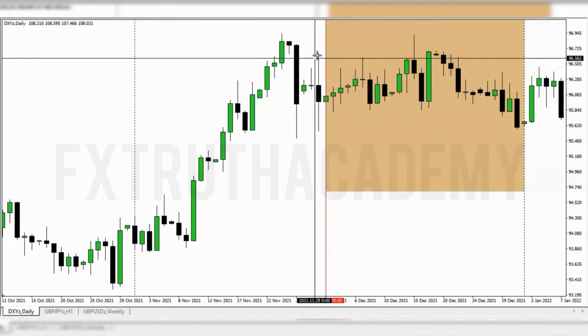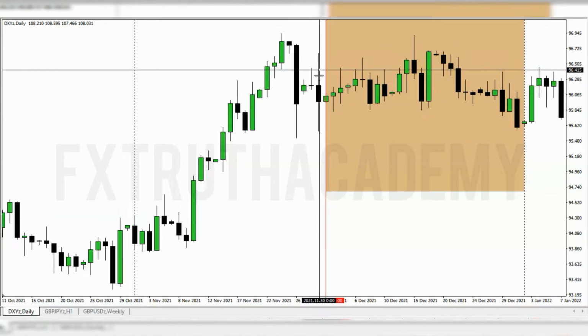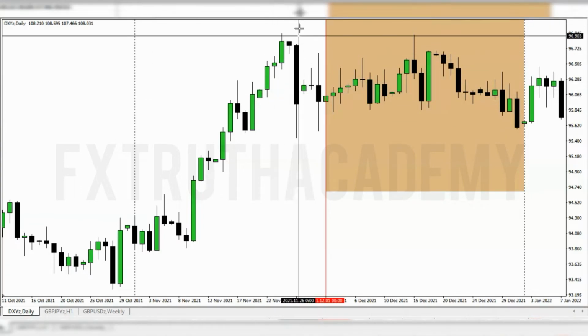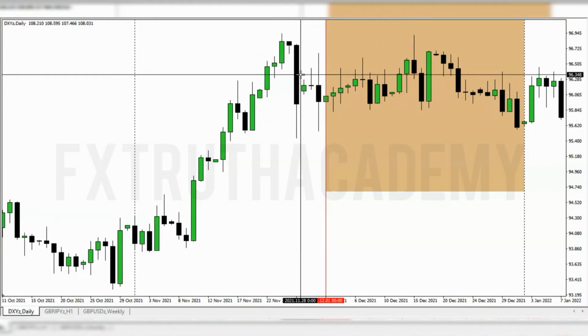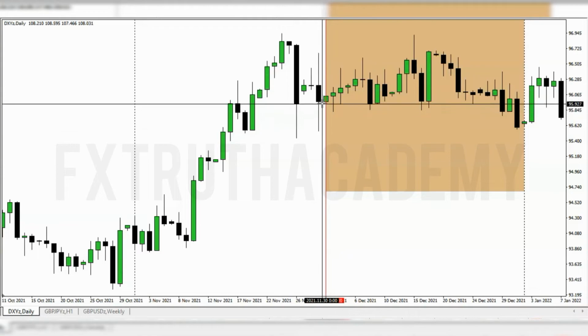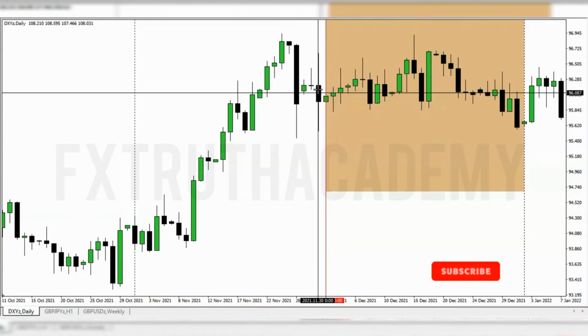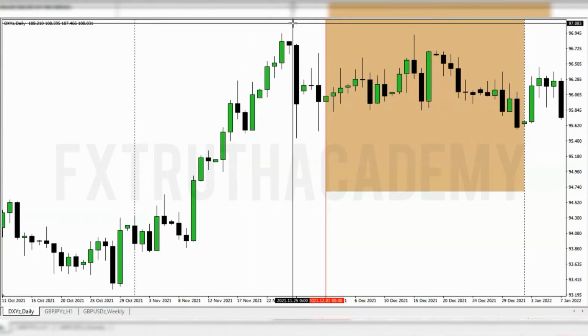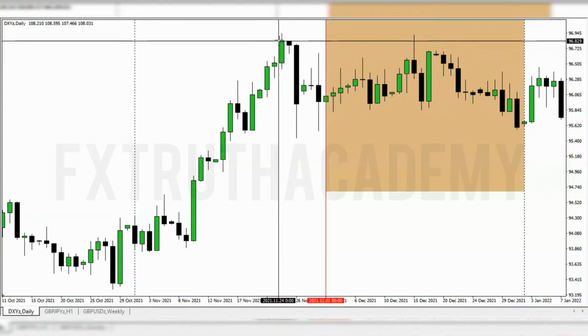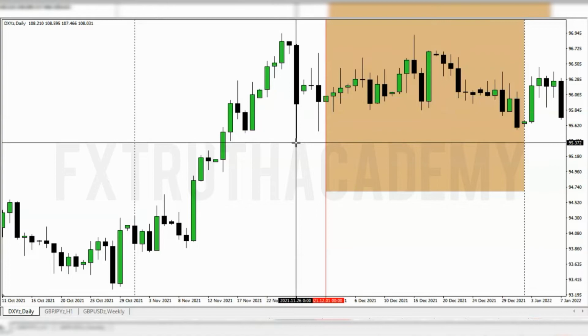Price extended here but didn't take out this swing high. So we can see price is somewhat in indecision at this particular candle, because price didn't take the low that took out this low, and price didn't take out the high that pushed this low downwards.